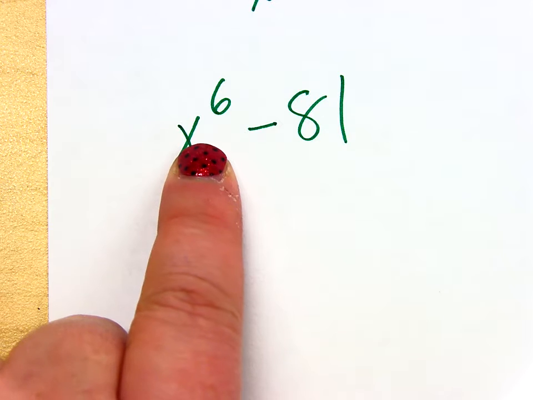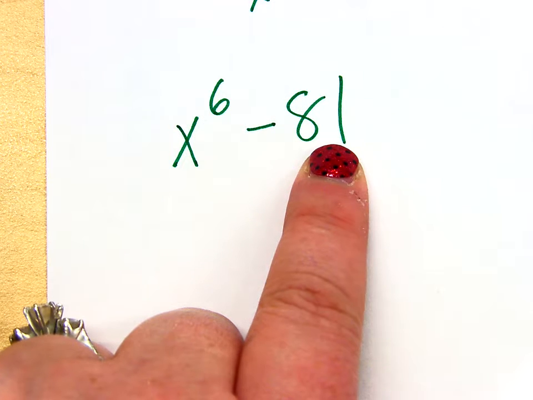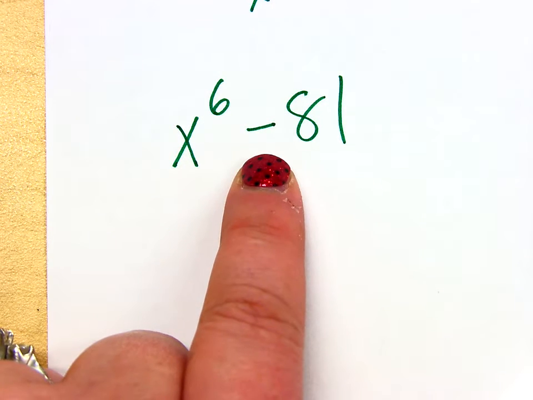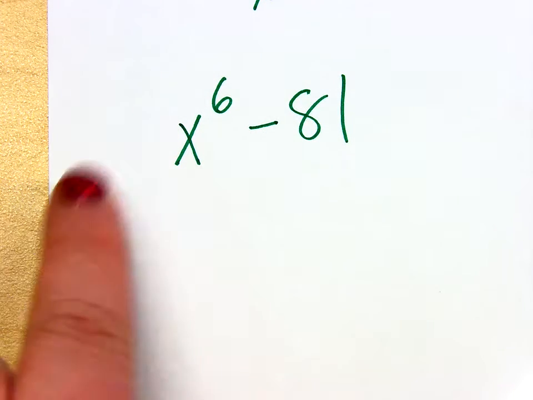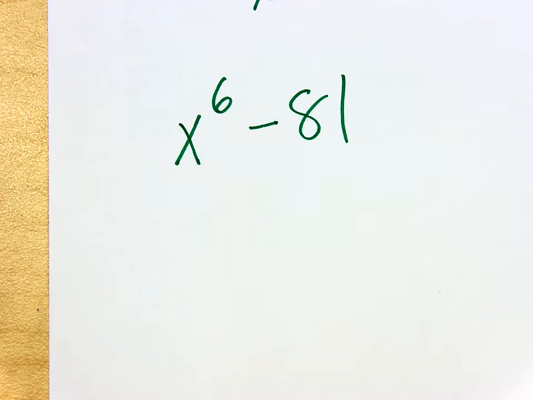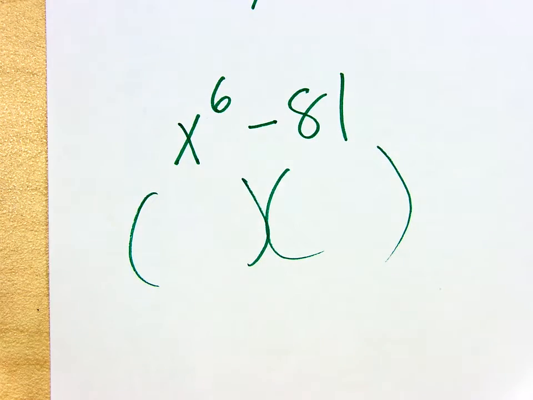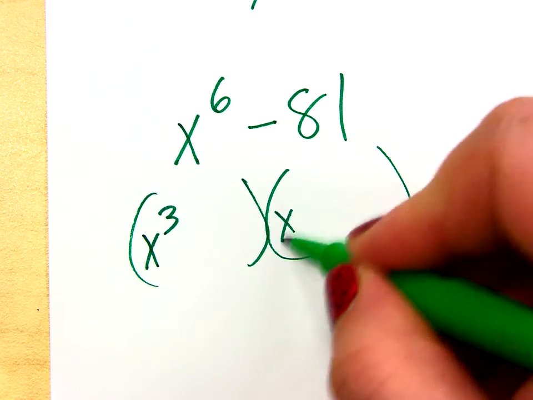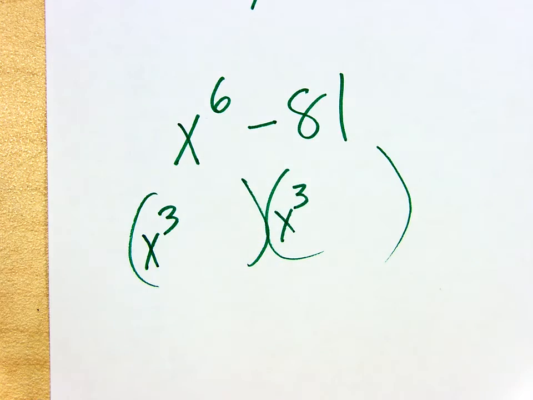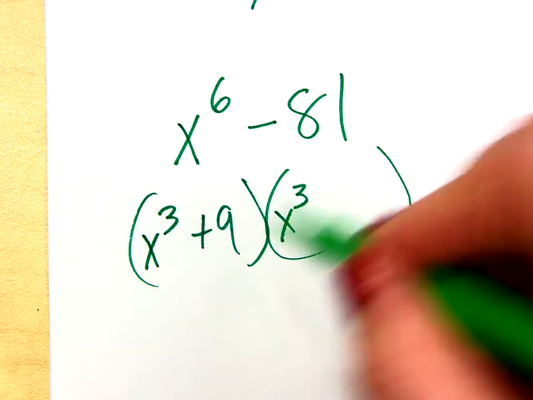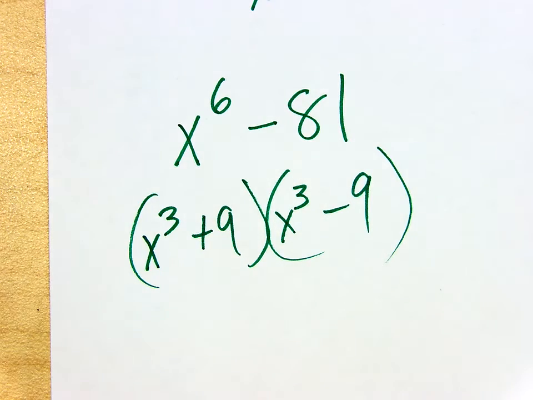Is this a perfect square? Is this a perfect square? Am I minusing them? Is there anything I can take out of the whole thing? No. Okay. But if it's the difference of two perfect squares, just like Gianna said, I'm going to take the square root of x to the 6th, x to the 3rd. That's my first term in each. And then what's the square root of 81? 9. So one's a plus 9, one's a minus 9. That's it. Isn't that easy?